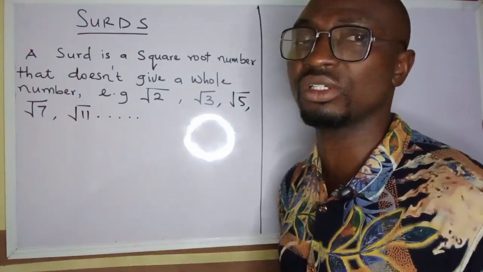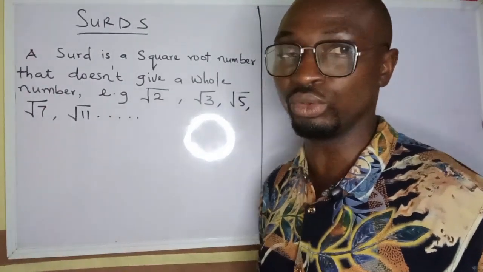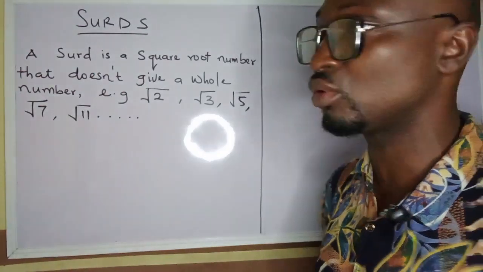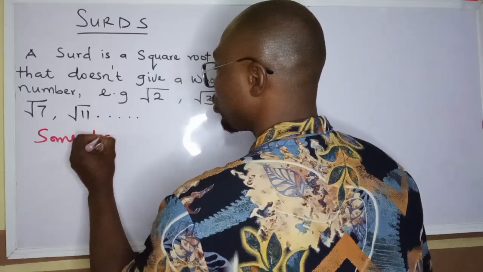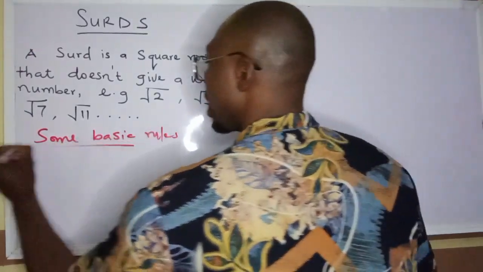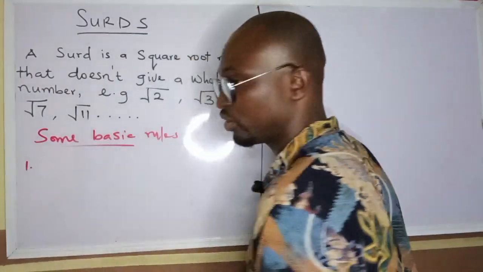And in solving questions under sword, we have some basic rules to look into. Now, the first rule is the rule of addition and subtraction.